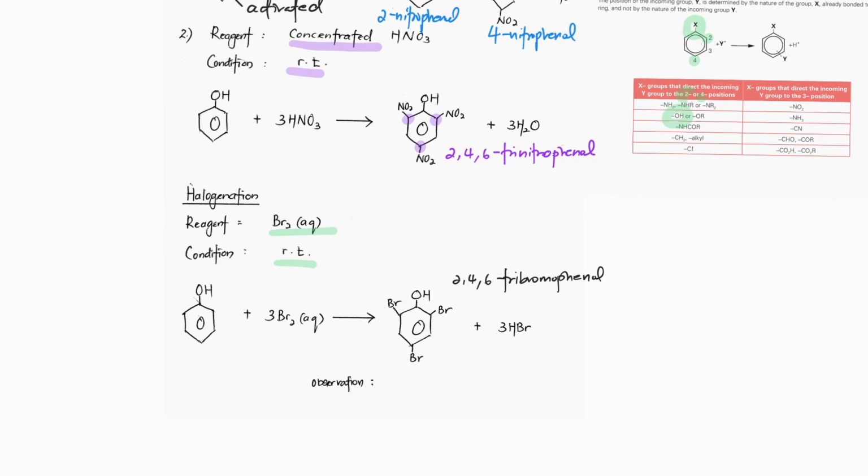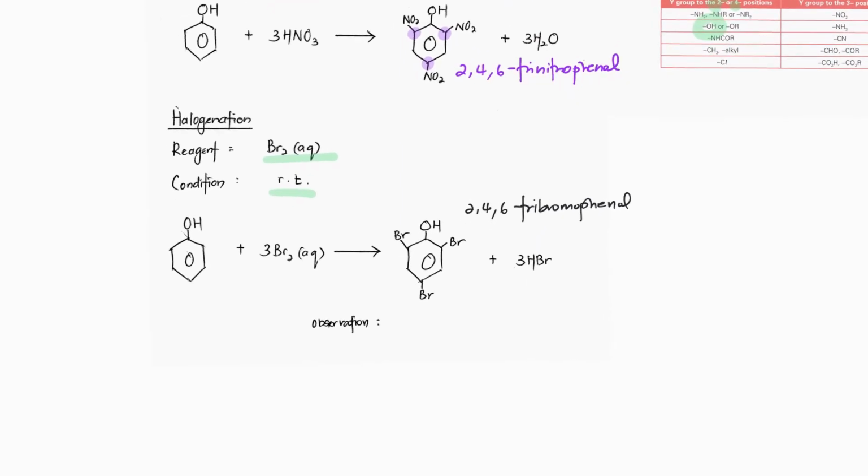There will be questions asking for observations as well, which will be 2 marks. The observation for this reaction is that Br2 turns to HBr, so the brown solution of Br2 is decolorized.